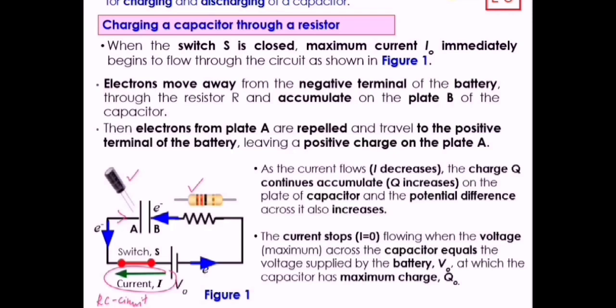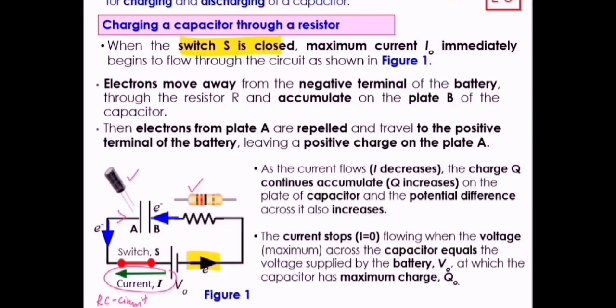When the switch S is closed, the current immediately begins flowing out from the positive terminal, and at the same time, the electrons move out from the negative terminal.